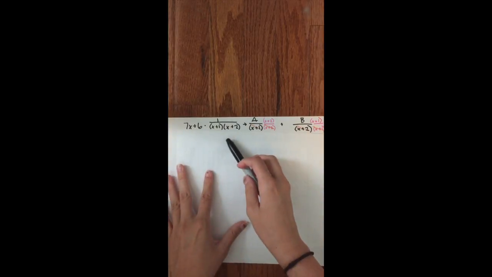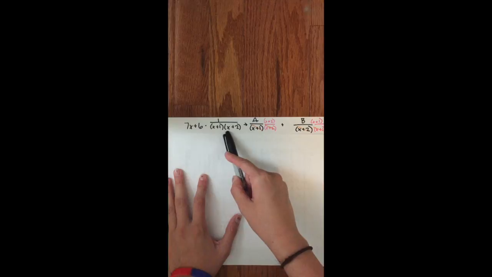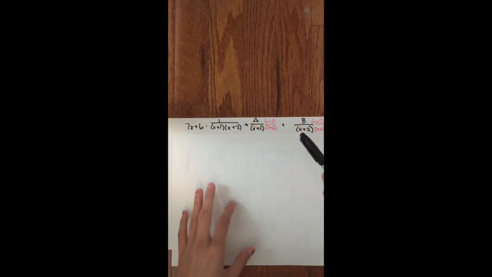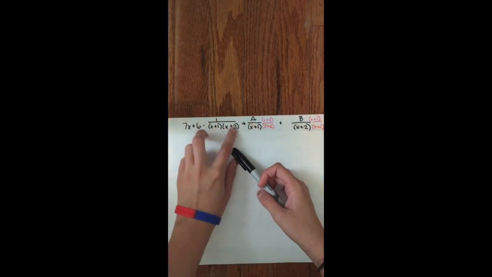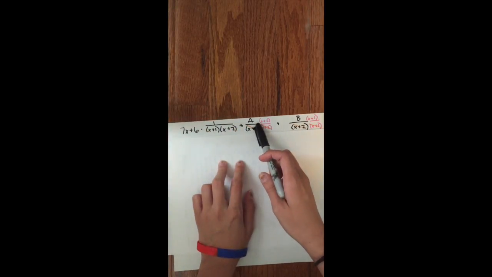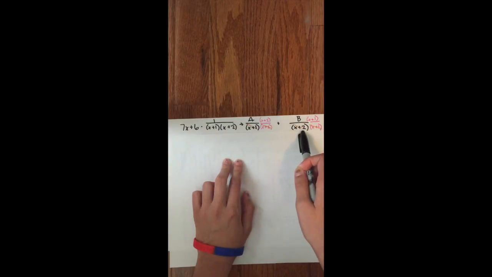This next step is a way of rewriting this expression, and it's called partial fraction decomposition. To do this, we're going to split this part up: A over x plus 1 and B over x plus 2.